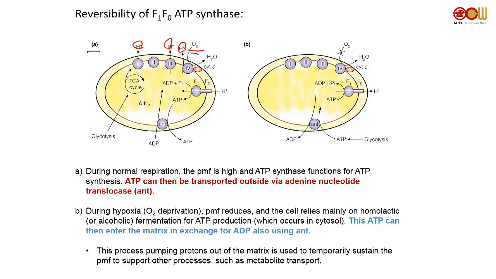When molecular oxygen serves as the terminal electron acceptor, it facilitates your entire electron transport chain, and as the protons come back down, you generate ATP. And the question is, how does your ATP come out?